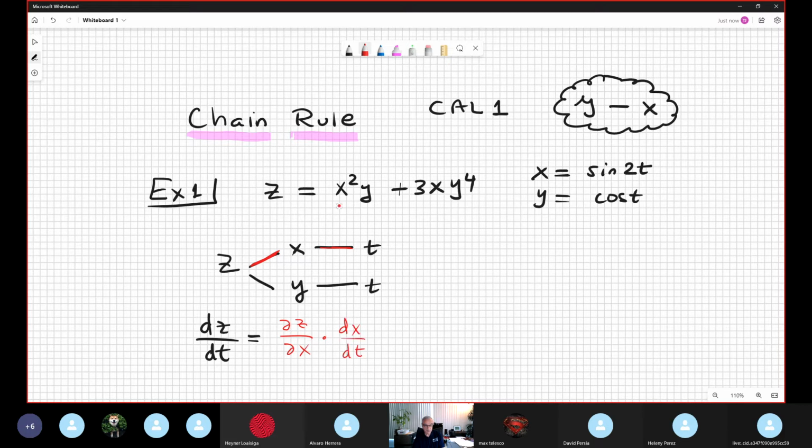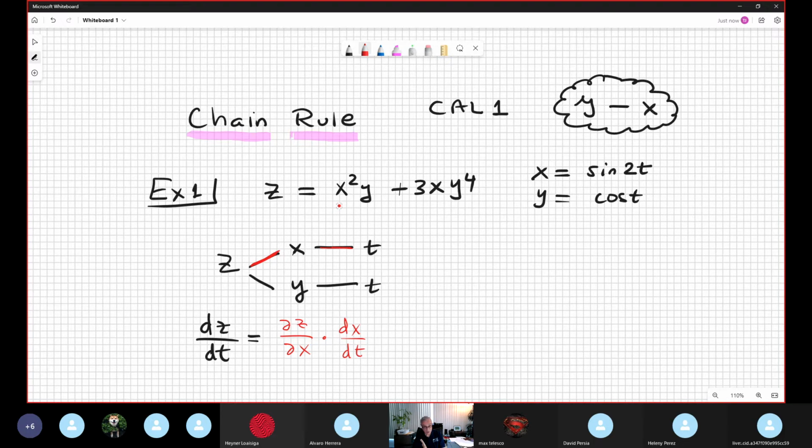It's important to understand that this derivative is partial because z depends on x and y. However, this derivative is ordinary because it's Cal 1: x depends on t.